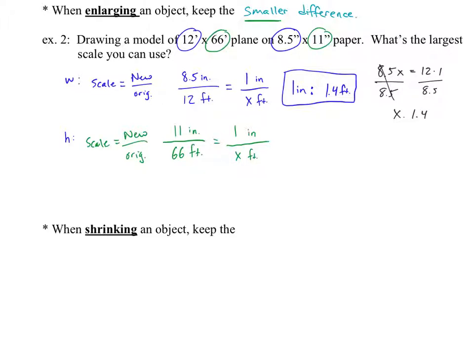So I start with that direction, and that gives me an 11x equals that times that. So 66 times 1. I would probably just write the 66 if I were doing this by myself. But all right, so then to solve for x, it was multiplied by 11, so I need to divide. So x then is going to be 6. So this second ratio is going to be 1 inch equals 6 feet.